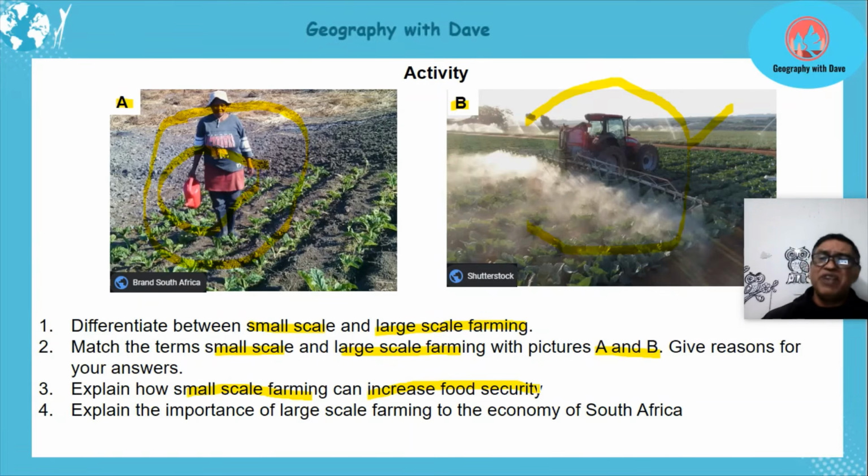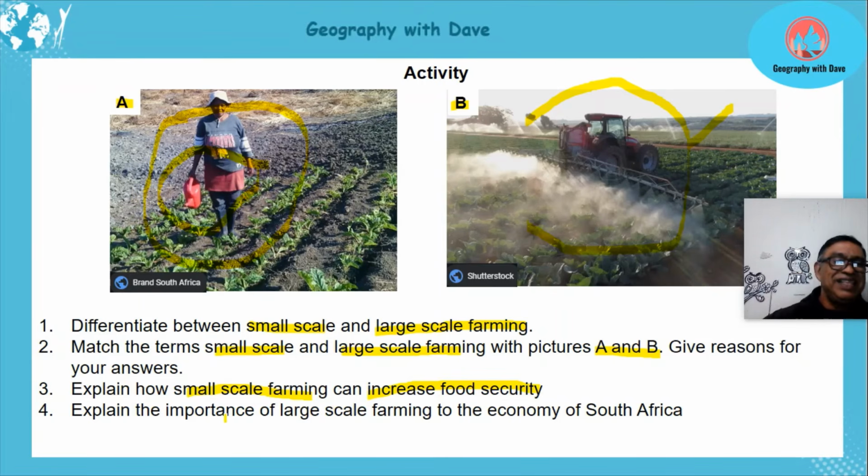This you have already: it increases food security because people produce food and can feed themselves. They even sell some food to the surrounding communities, sometimes at a cheaper rate. You must remember the small scale farmer is doing it in his yard, not paying much rent for a shop or huge land. So it will increase food security. Can you see that?